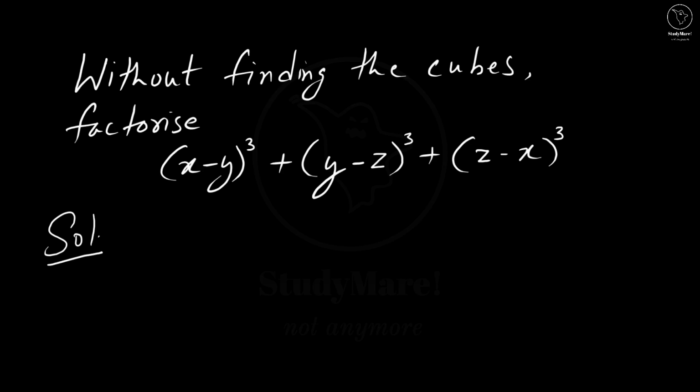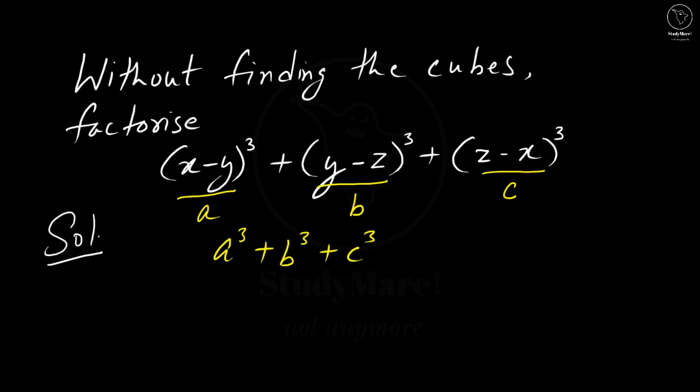So the first thing, which identity are we going to use? Since we have cubes here, if this is taken as A, this is taken as B, and this is taken as C, then it becomes A cube plus B cube plus C cube.